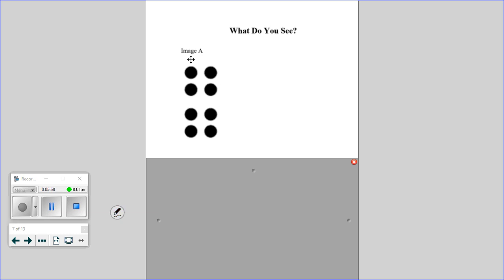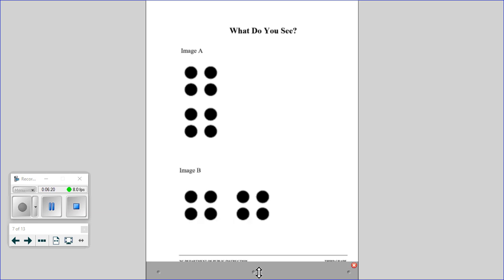Give me a Me Too signal if you also saw two groups of 4, one on top and one underneath. A lot of you saw two groups of 4. Raise your hand if you just straight away knew that was 8, just by looking at it. Some of you did that. That's fine. What about image 2? How did you figure out that one? How did you remember what to draw?